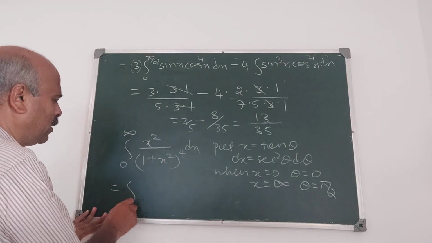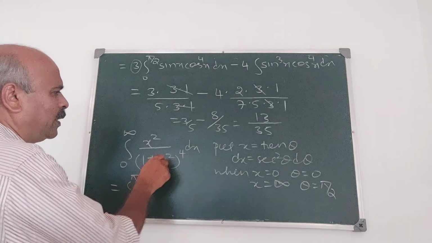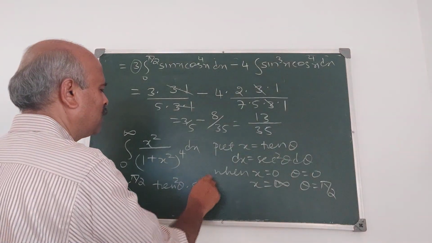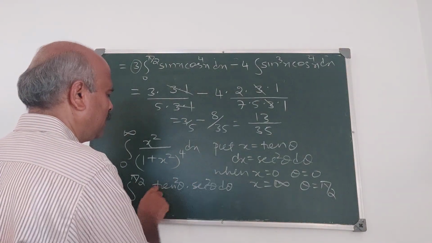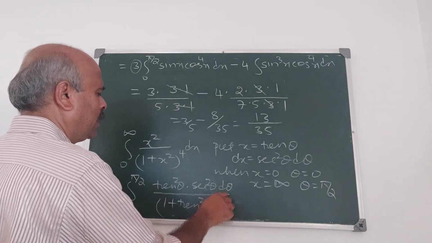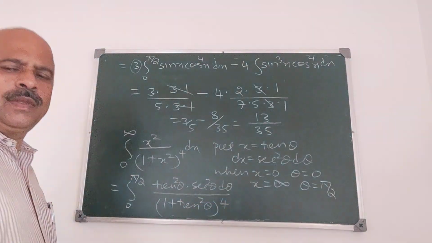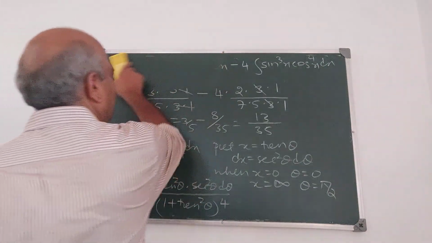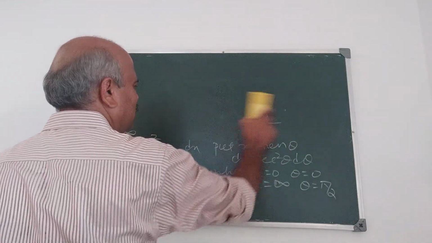So the problem becomes the integral from 0 to pi by 2 of tan square theta, and dx is secant square theta d theta, over (1 plus tan square theta) raised to 4. I think you followed this substitution. X is tan theta, that is the important thing, and the problem is simple here.